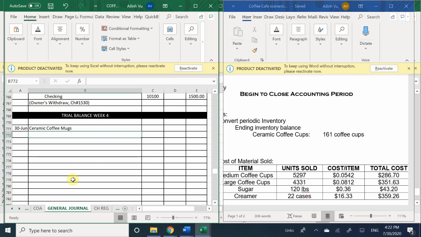Okay, credit. It's expense, purchase expense. Where do we put purchase expense? We're going to put it for purchase expense, so if we're going to convert it back, we would have to credit that, right?